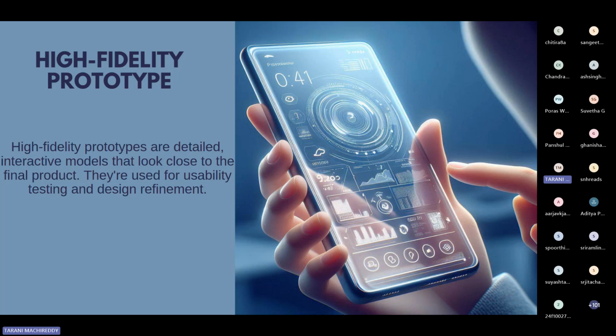And how do we use this high fidelity prototype? Same as any prototype, first we define the objective. What is the specific goal of the prototype? What is the scope of the prototype? And what features and interactions need to be tested? And then we choose tools. Here we choose software tools like Adobe XD, Figma, Fusion 360, etc. We'll look into more detail in coming slides about the software tools.